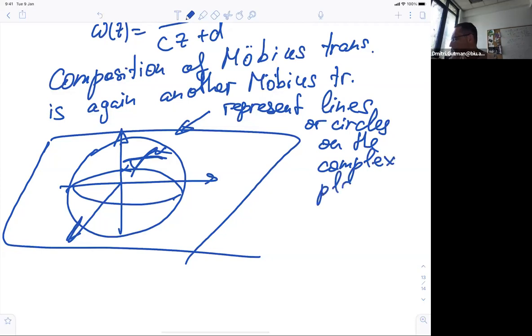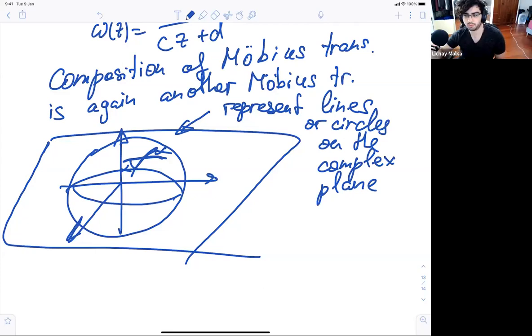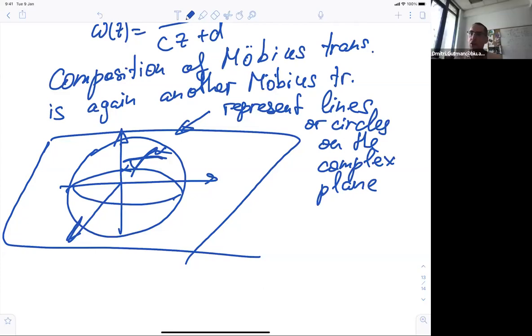Now, what happens with the angle alpha when I turn the sphere around? Alpha shouldn't change under just rotation. Correct. So just under rotation, angles don't change on the sphere. So any crossing lines cross at the same angle before and after Möbius transformation.